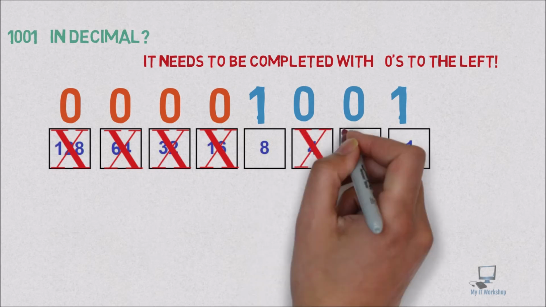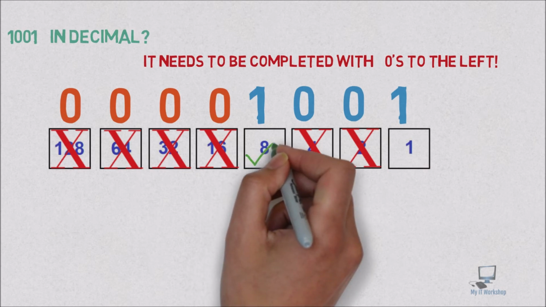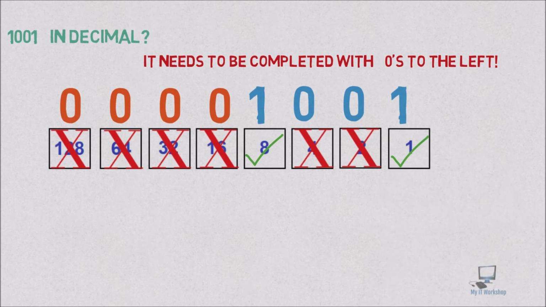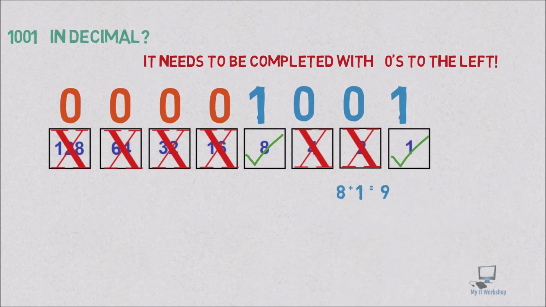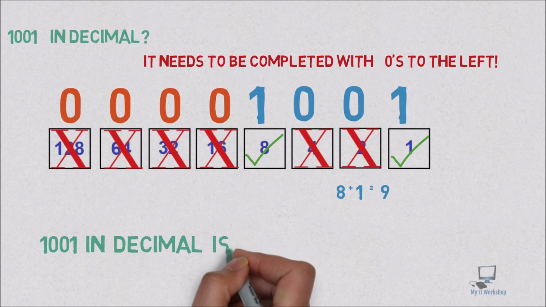The only 2 digits I need in decimal are 8 and 1. So if I add 8 and 1, I'm going to have 9. So in other words, 1001 is going to be equal to 9.